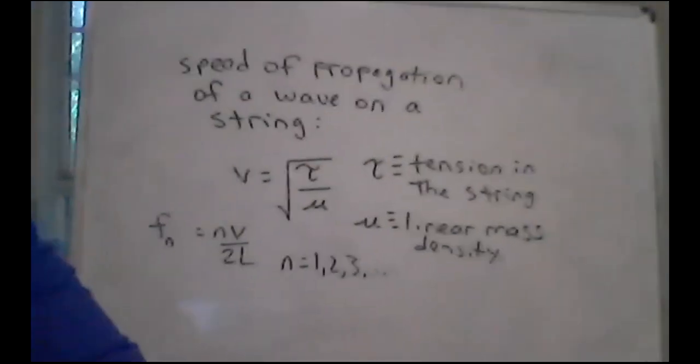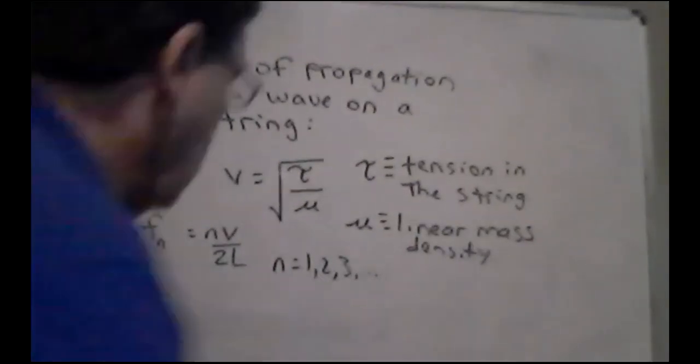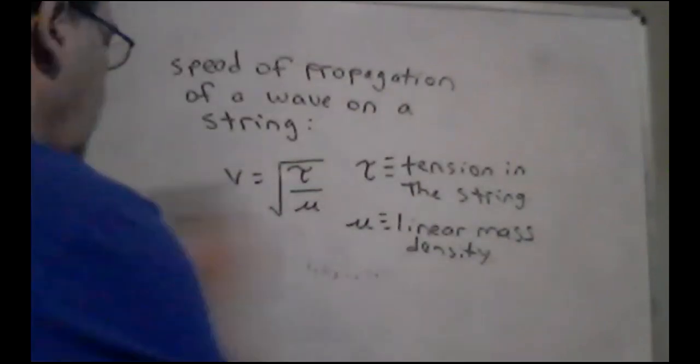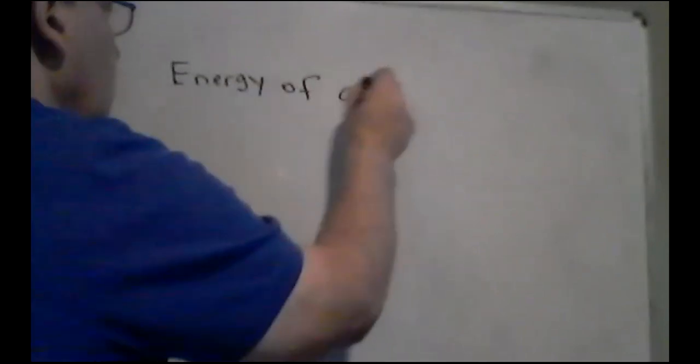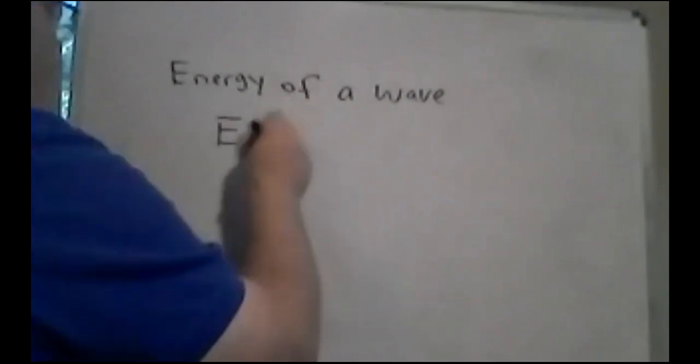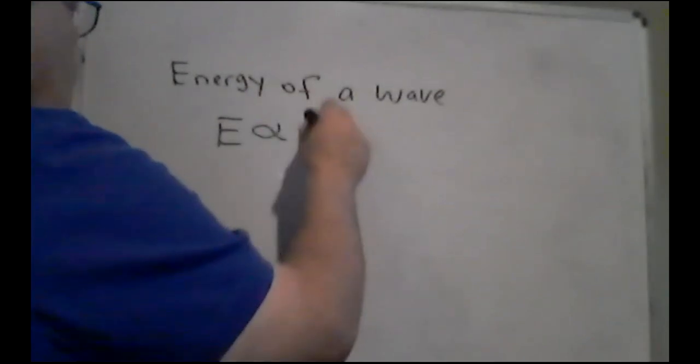So what's happening? Again, please do watch my videos. But as I've stated and shown in my videos, the energy of a wave, E, is proportional to the amplitude, capital X, squared. Proportional to the amplitude squared.